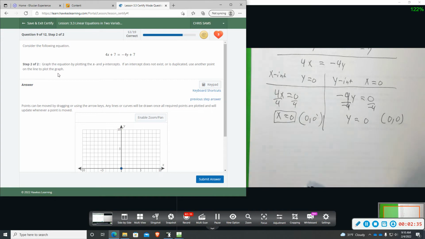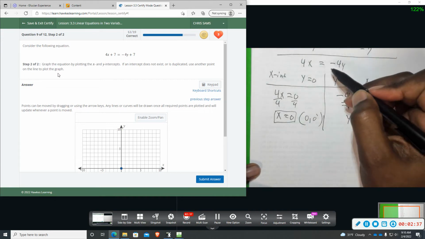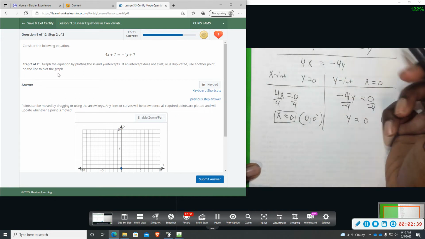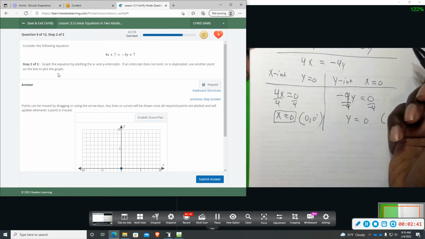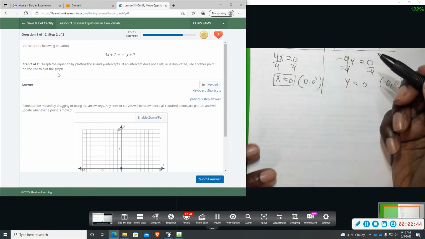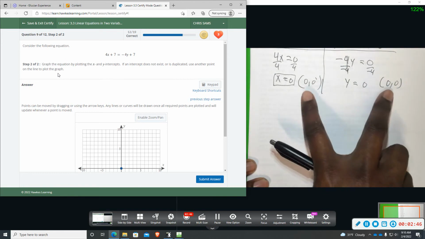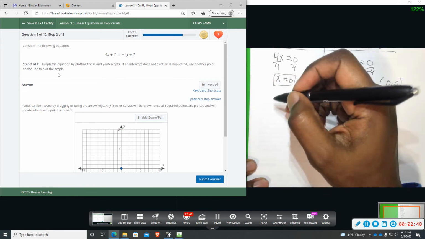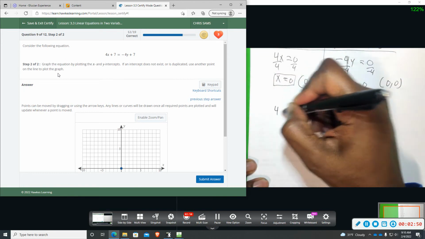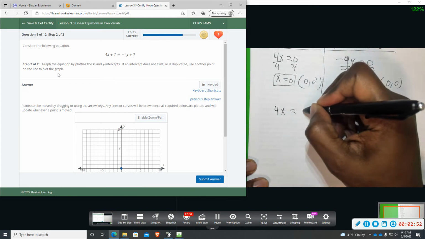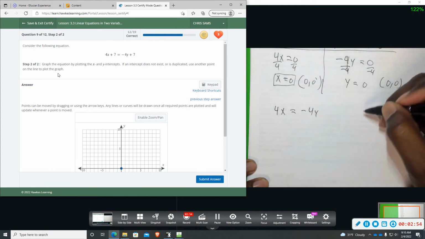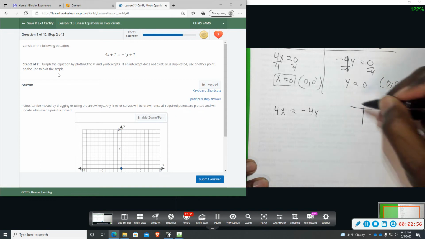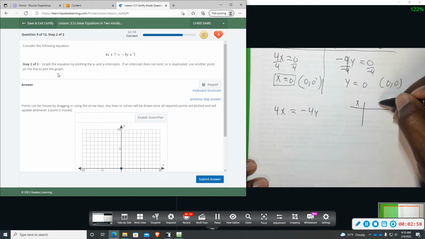So in order to do that, we are going to take this equation and solve for y, or you can simply plug in any number that you want. So we've used 0. I'm going to write this equation down, 4x equals negative 4y. You can input any x value that you want, and then once you plug that in, you solve for y.